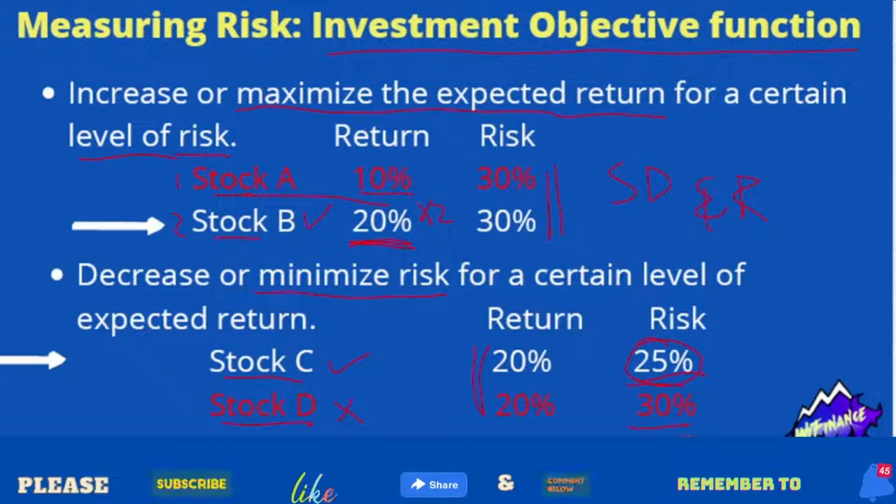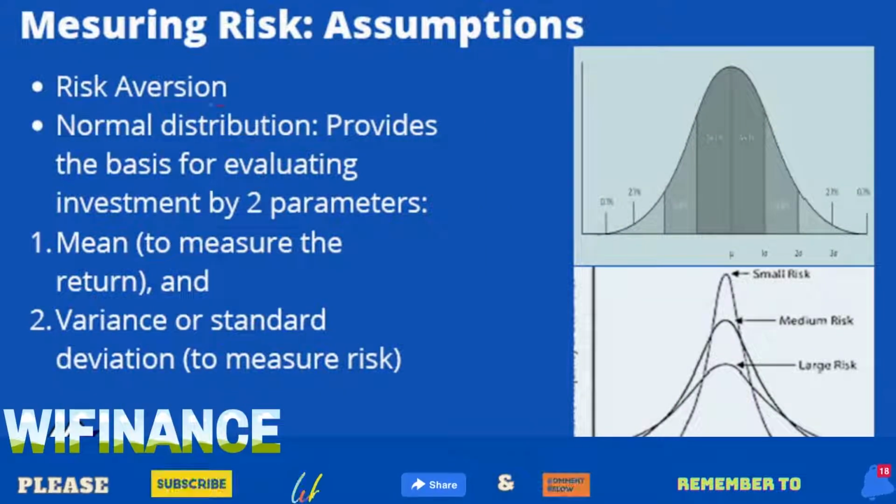Therefore, with that objective function in place, we assume that investors are risk averse. We also assume that investment return can follow a normal distribution.